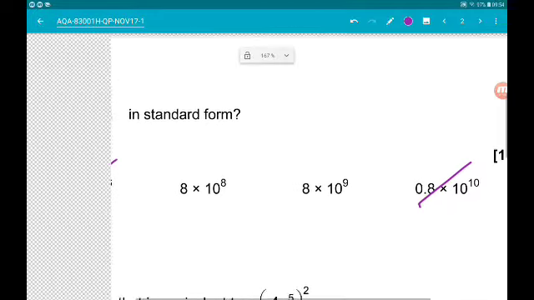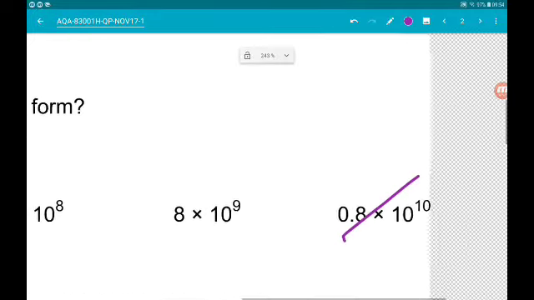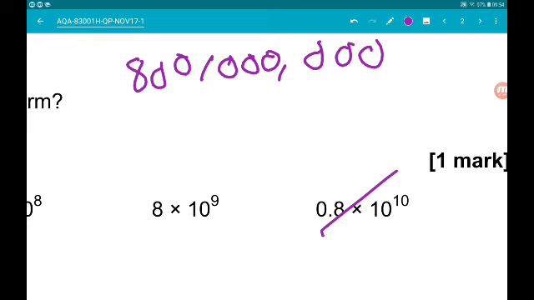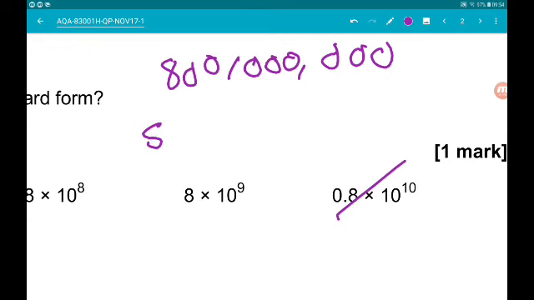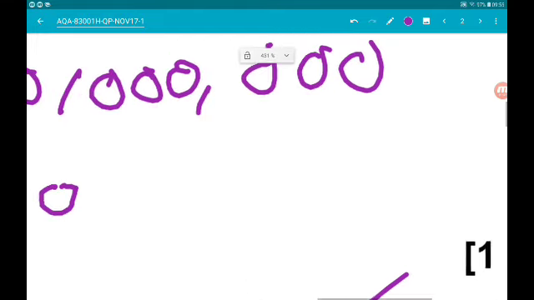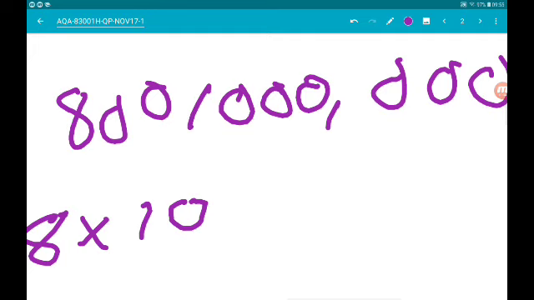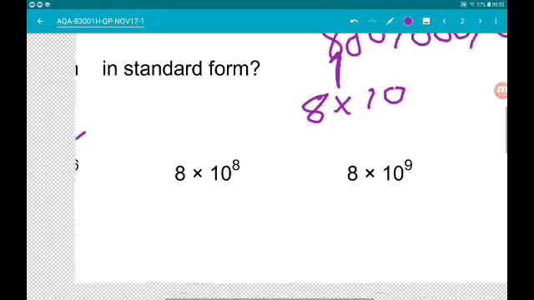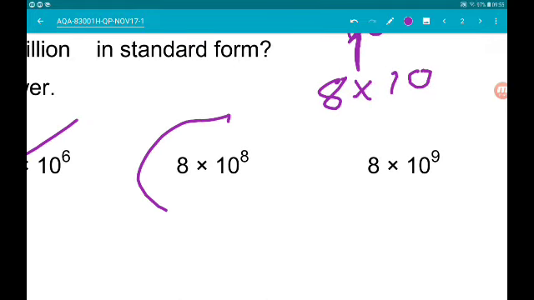So, 800 million is 800 with 6 zeros after it. So it's going to be 8 times 10. Now to work out the power, we count how many places the decimal would move from there to there, which would be 8. So it's 8 times 10 to the 8.